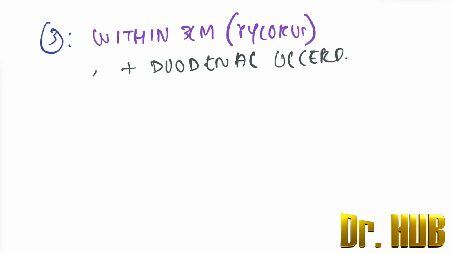So what is the acid production? The acid production here can be normal or higher. Type 3 is higher, whereas in type 2 it was low or normal.